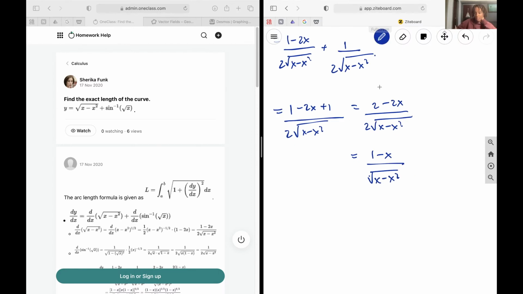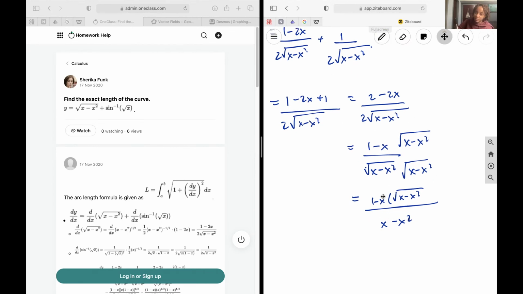Okay, and then now I can just take care of that radical. And so this will become 1 minus x into the square root of x minus x squared. And these two will cancel the square root, leaving x minus x squared.